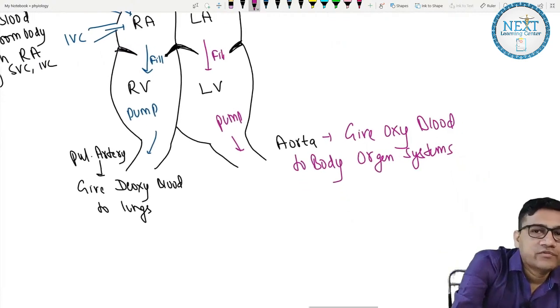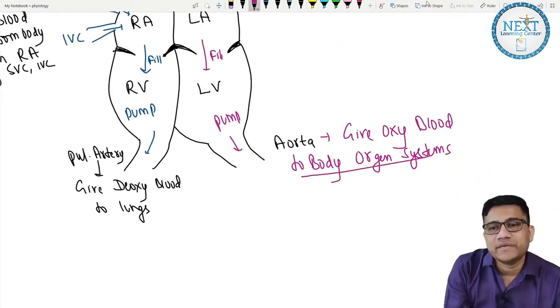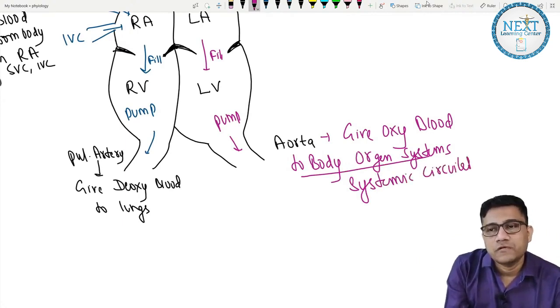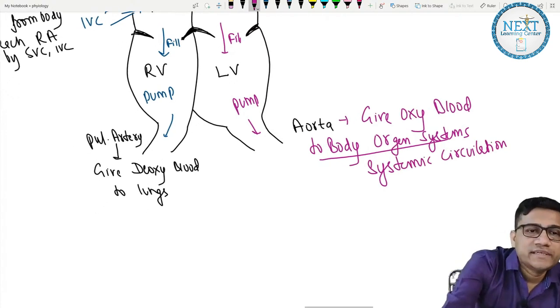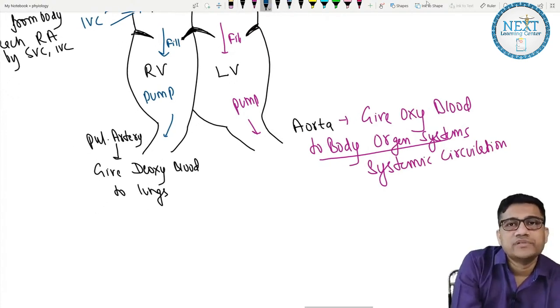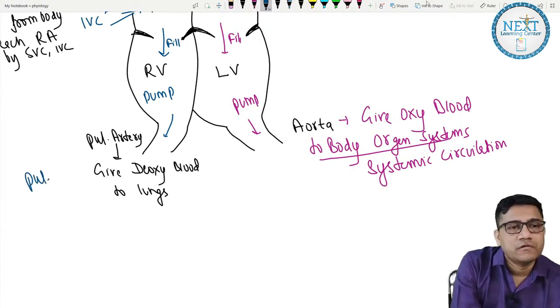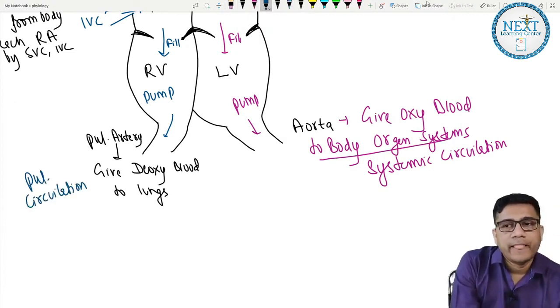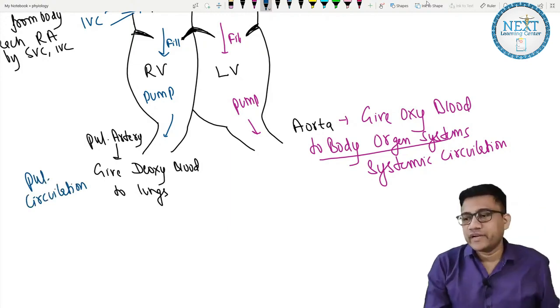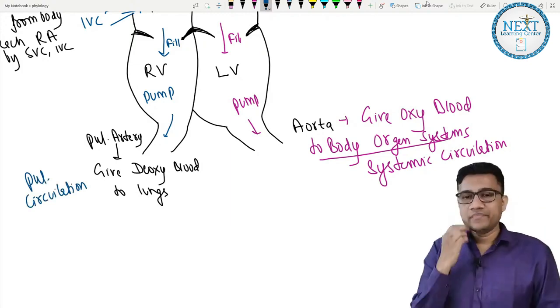This is called systemic circulation. And this is called pulmonary circulation. Are you clear? So there are two different kinds of circulation, pulmonary and systemic.